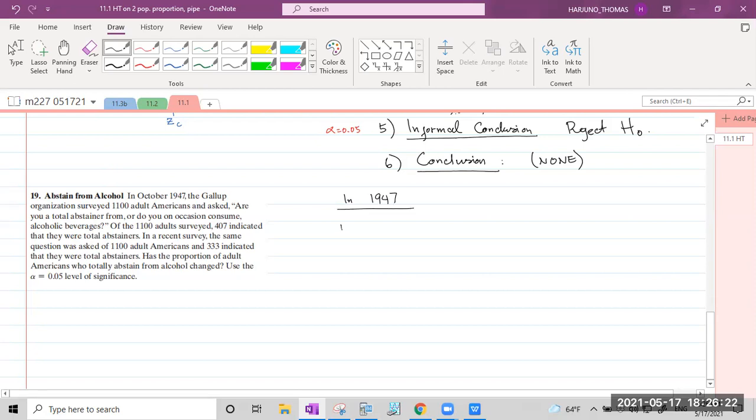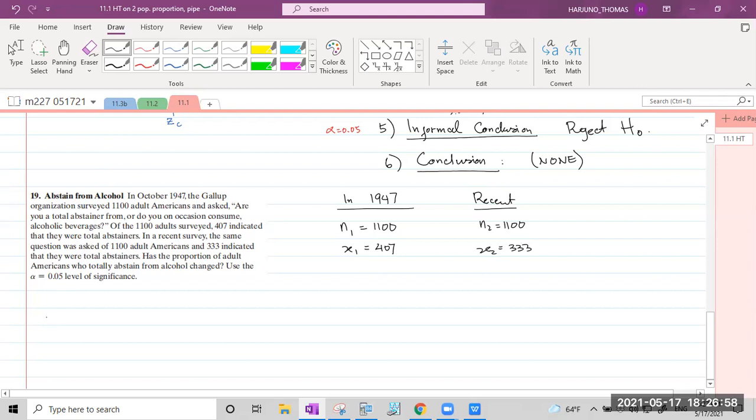In 1947 the sample size is 1100, and X1, the number who totally abstain, is 407. In a recent survey with the same question, for 1100 people, X2, 333 indicated that they were total abstainers.